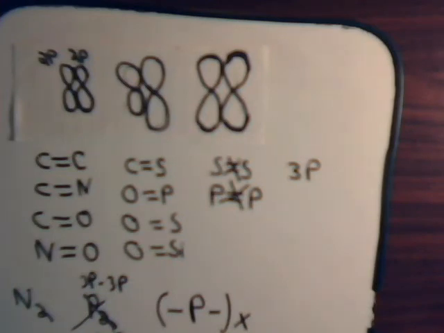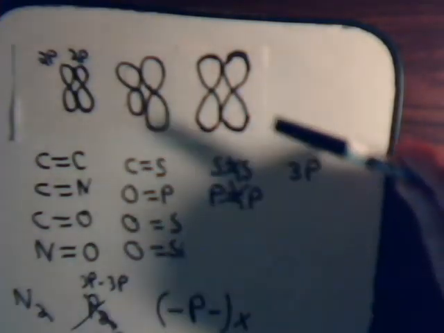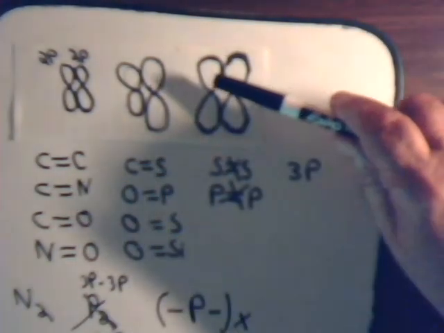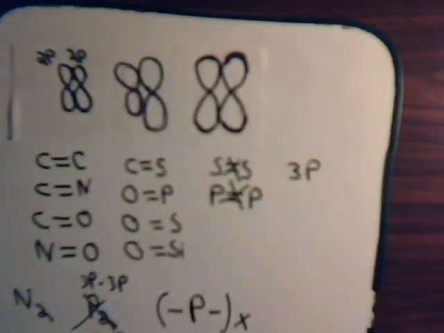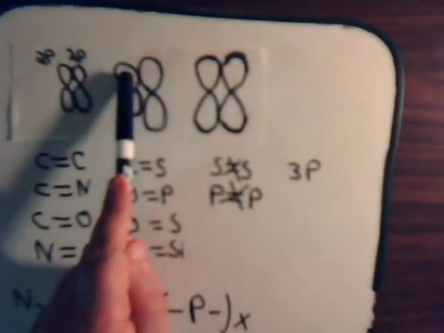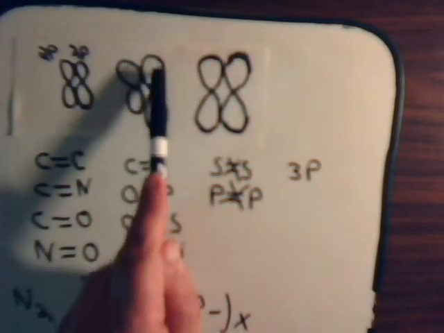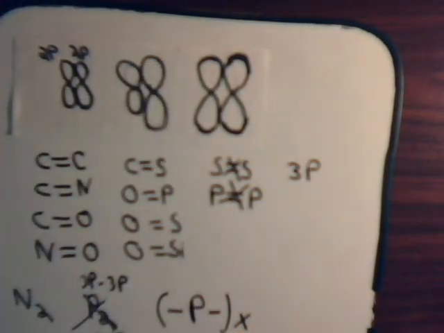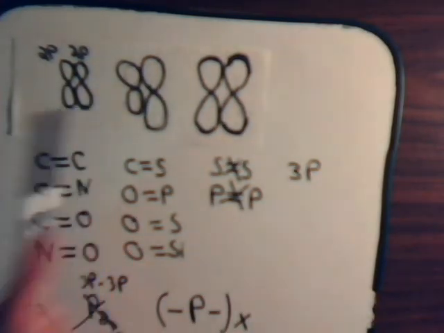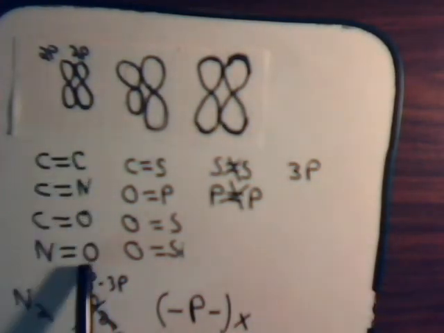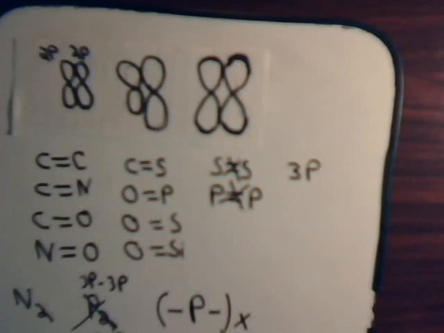So those are just simple demonstrations of the results of ineffective 3p overlapping of the pi orbitals, and mismatching of 2p, 3p pi orbitals. These are perfectly fine, so these double bonds are fairly strong.